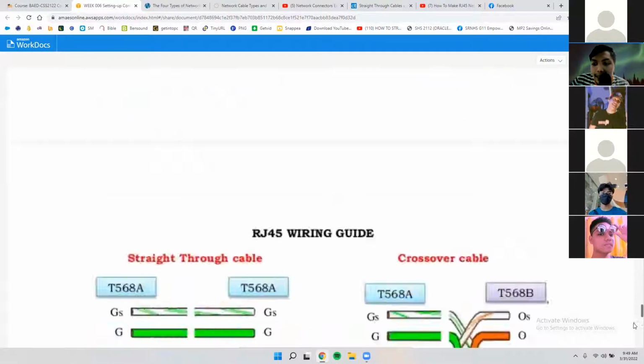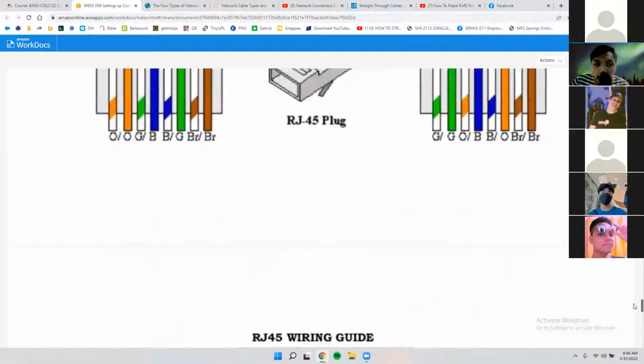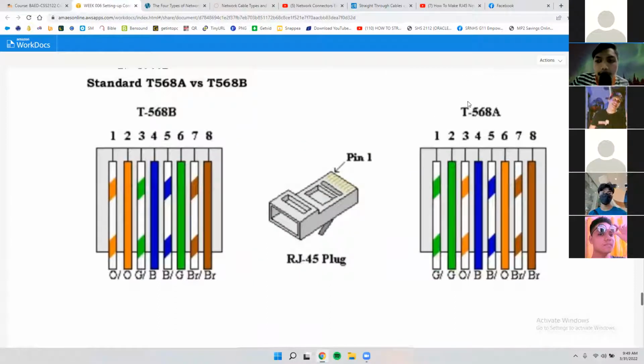And then yung kabilang dulo naman niya, yung orange-white na magsisimula. So ibig sabihin, ulitin ko, pagka straight through, ito yung A and B. So this one, T568, ito din siya. So parehas lang din sila.